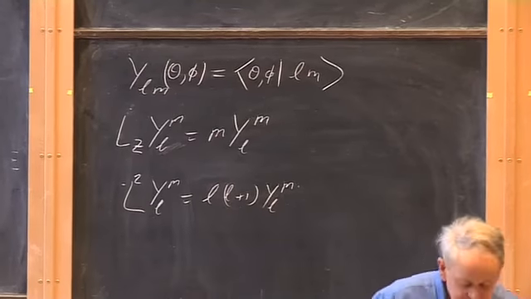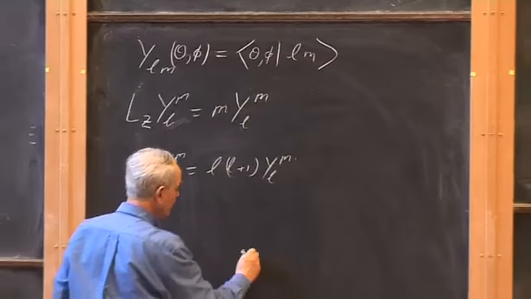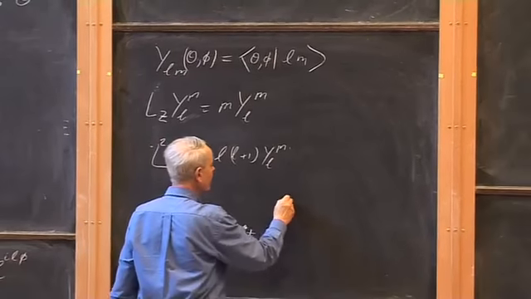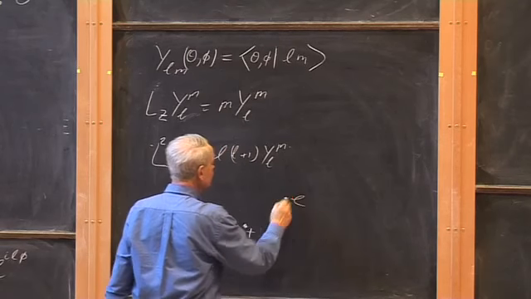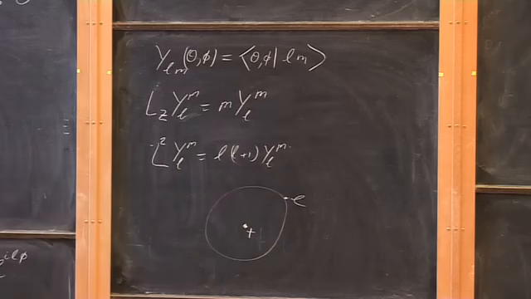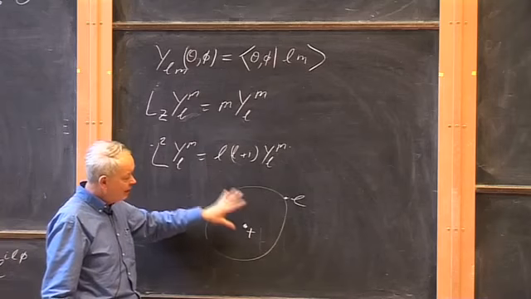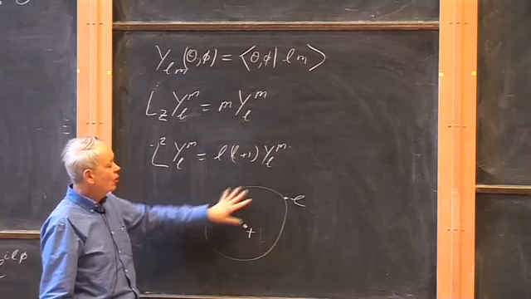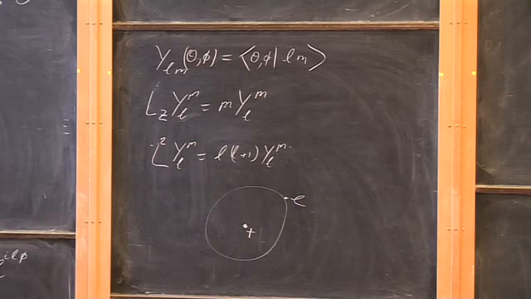So, if you have an electron, here's the nucleus, if you have an electron in orbit around the nucleus, it seems reasonable to ask, what does this system look like? What does the wave function of the electron look like if the electron has well-defined orbital angular momentum?